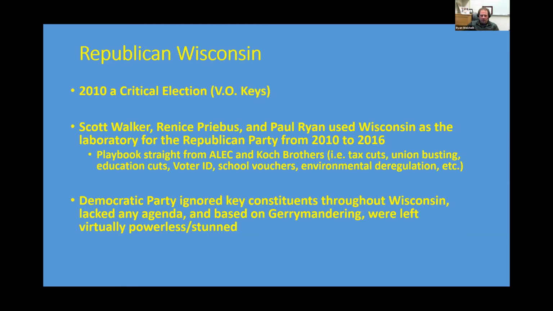And they started using this playbook of, we're going to concentrate in Madison, we're going to concentrate in Milwaukee, that'll be enough to win us any election. We're not so interested in what's happening in other parts of the state. So they lacked an agenda that really looked at the geography of the area as a whole. And as was just pointed out, by 2011, 2012, the redistricting that led to some of the gerrymandering certainly had profound influences moving forward.